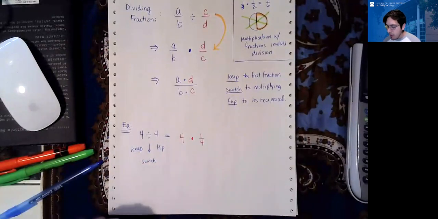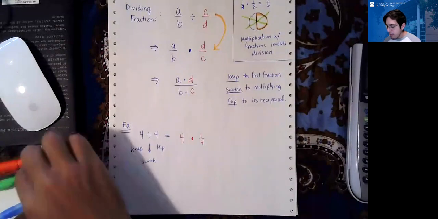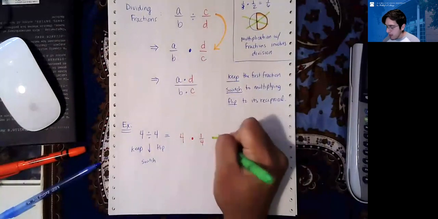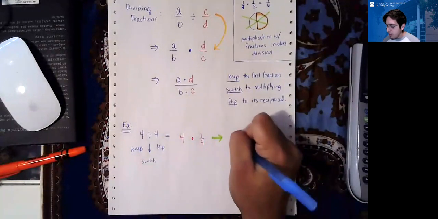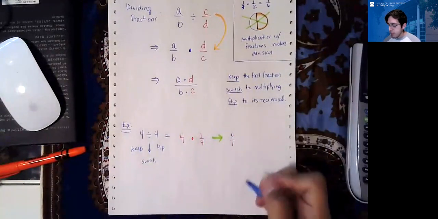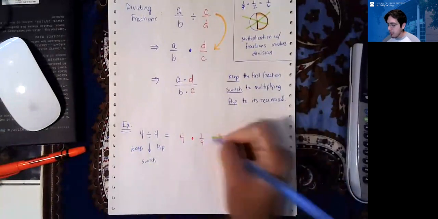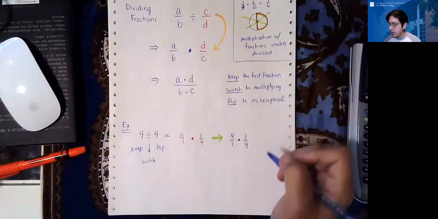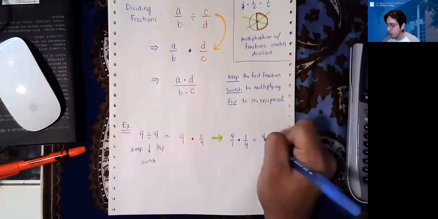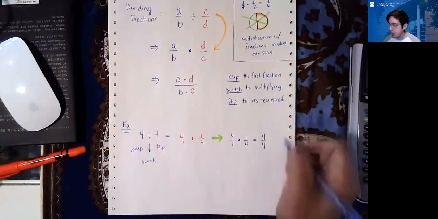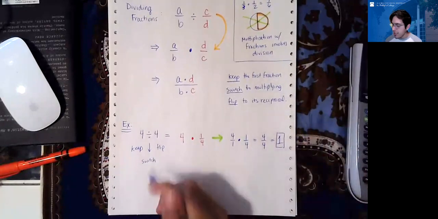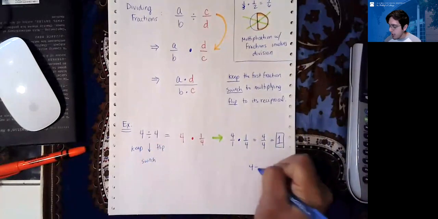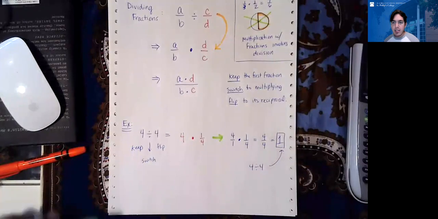If I needed to multiply these fractions, I could say 4 is the same thing as 4 over 1. I'll multiply that by the reciprocal, 1/4, and I'll get 4 over 4, which turns out to be 1. But that's the same thing as saying 4 divided by 4 is equal to 1, right?